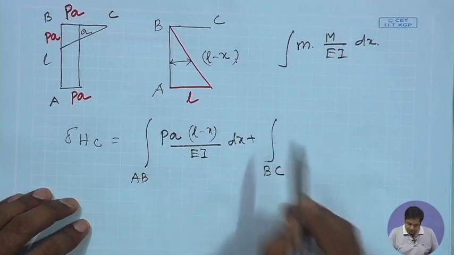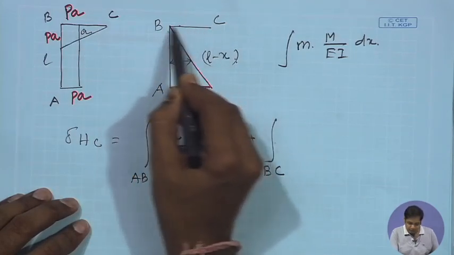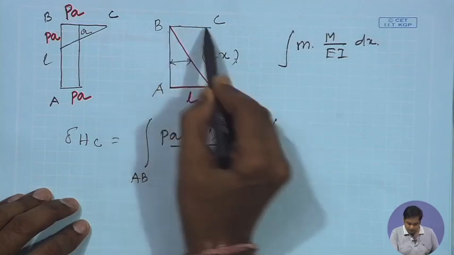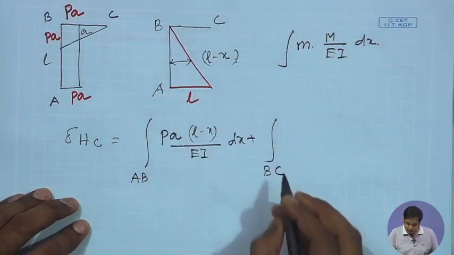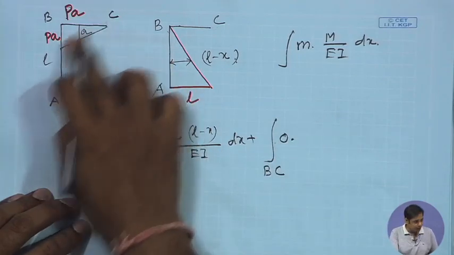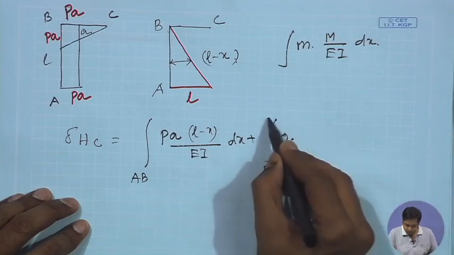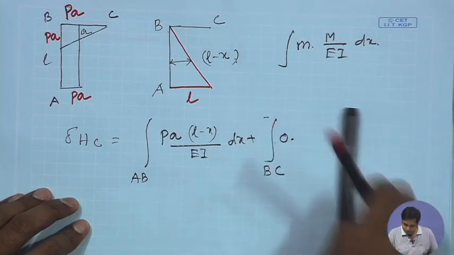Now, BC, this part is 0. There is no bending moment due to the unit load on BC. So, this part becomes 0.